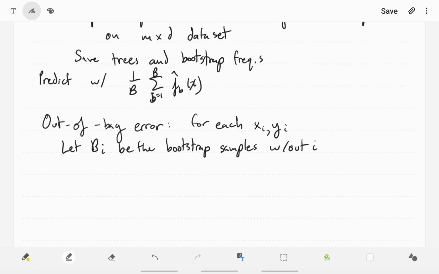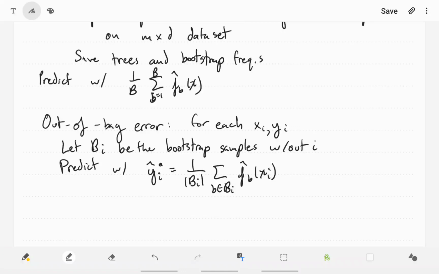Then we can predict with our y hat_i naught, which is equal to 1 over the size of capital B_i, the sum over b within B_i of f hat sub b of x_i.